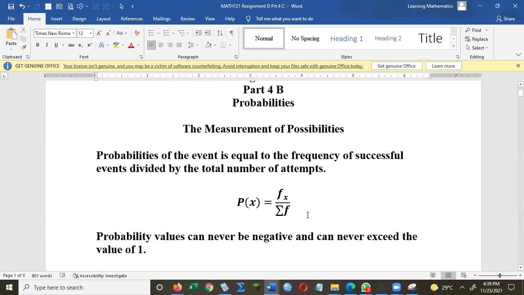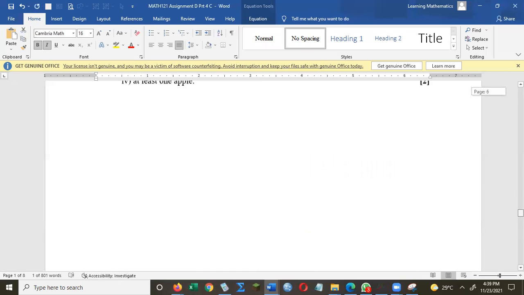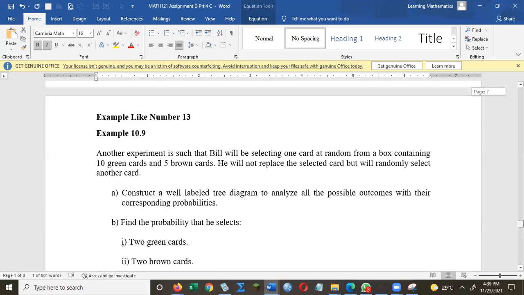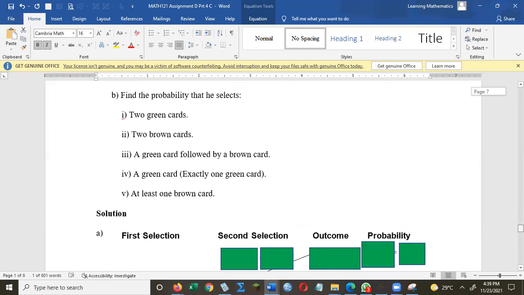But what you are going to do now is to use this formula, the fundamental formula for probabilities. This is what we are going to use to calculate the probability of him getting a green or brown.